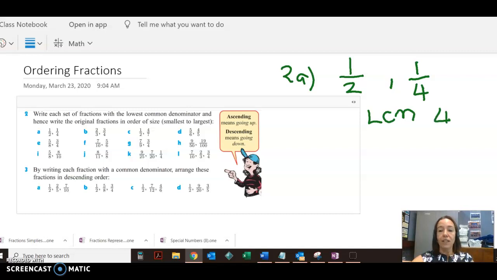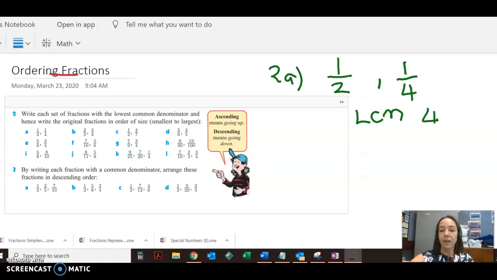Now, obviously, 1/4 is already over 4, so I just need to look at 1/2. What would I have to multiply it by to make the denominator equal to 4? Hopefully you've been thinking about that, and basically I need to multiply 2 by 2 to make it 4.